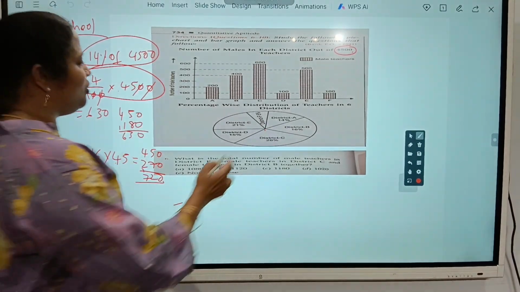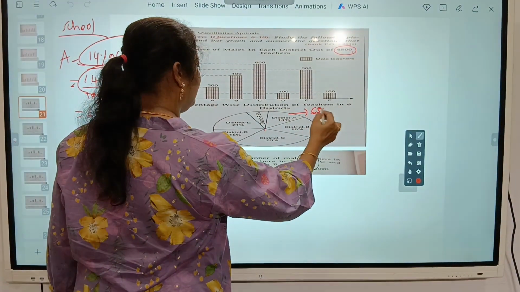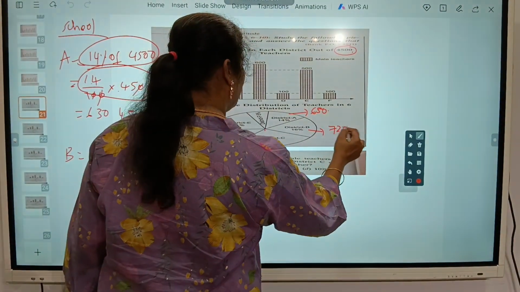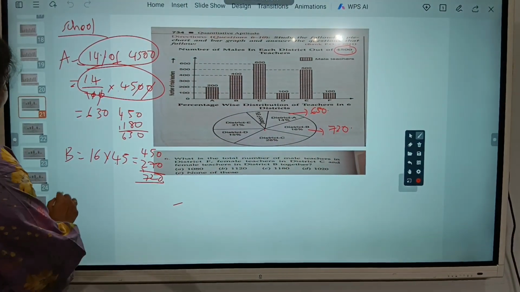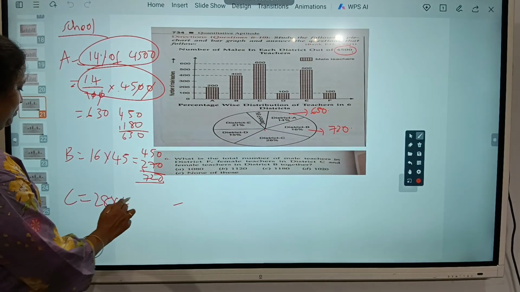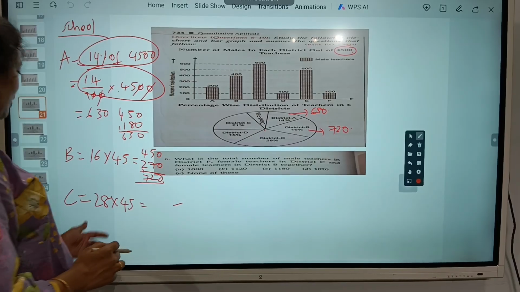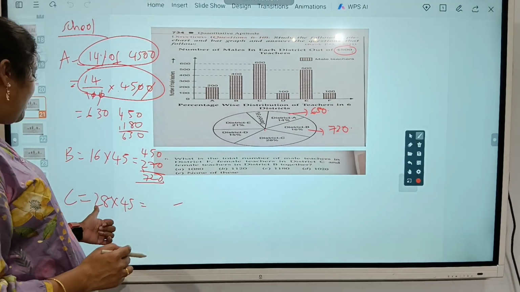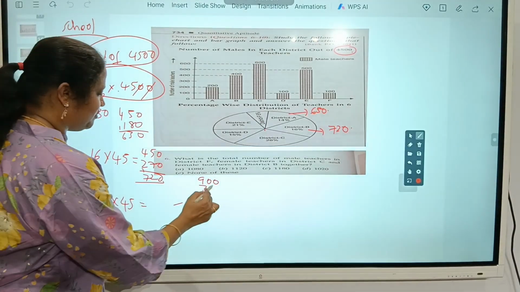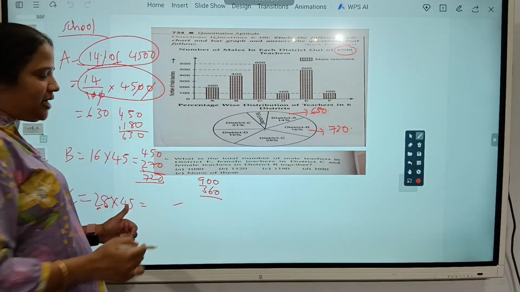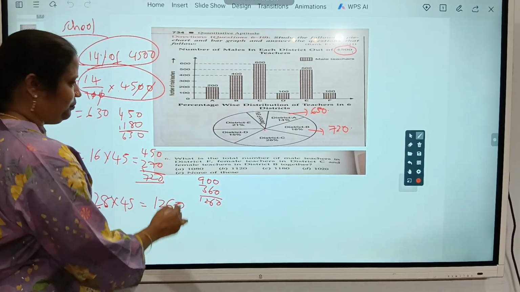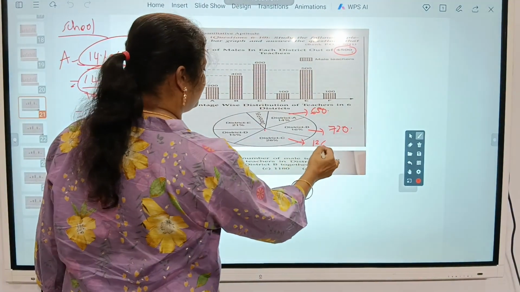So in A the value is 630, in B the value is 720, and in C the value is 28 into 45. 45 times 20 is 900, 900 by 8 means 360. 9 4s are 36, so it is 1260. In C it is 1260.